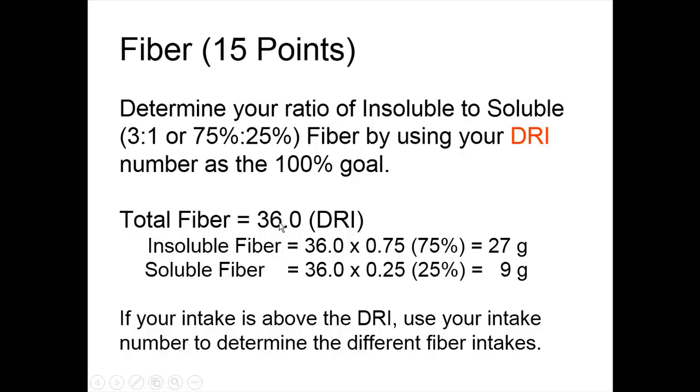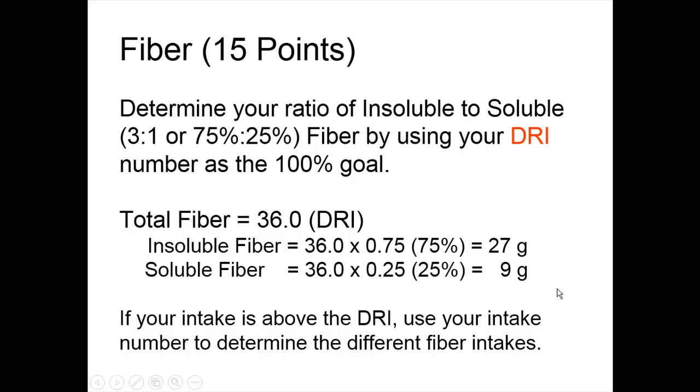I want a 3 to 1 ratio, which is basically a 75%, 25% ratio. So I would take 36 times 0.75, and I would want a goal of 27 grams of insoluble and 9 grams of soluble.